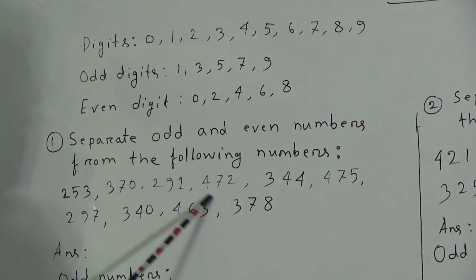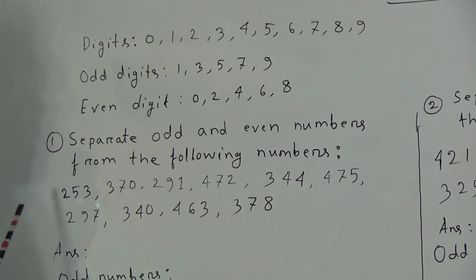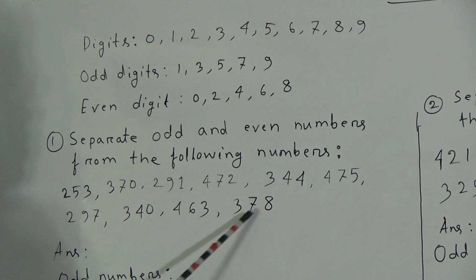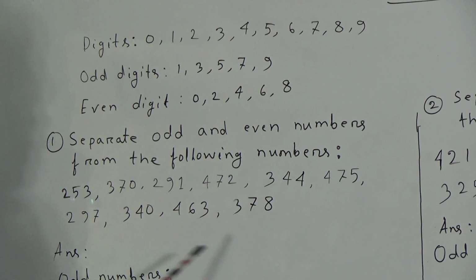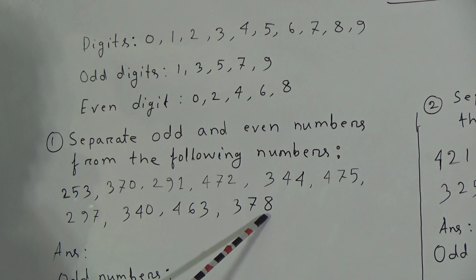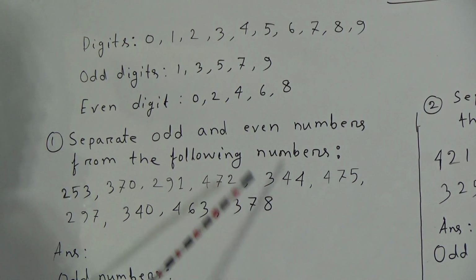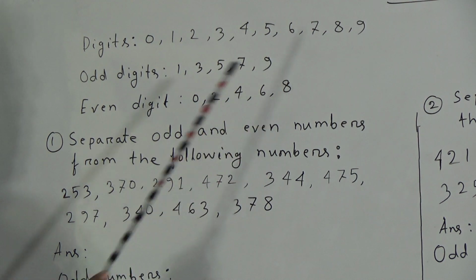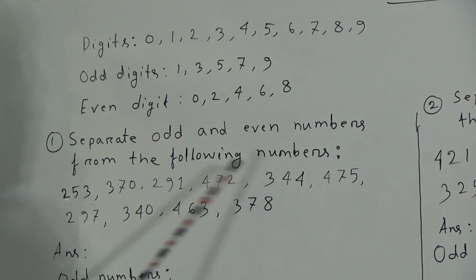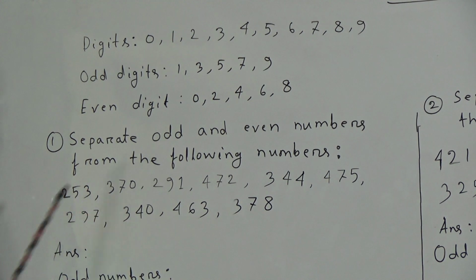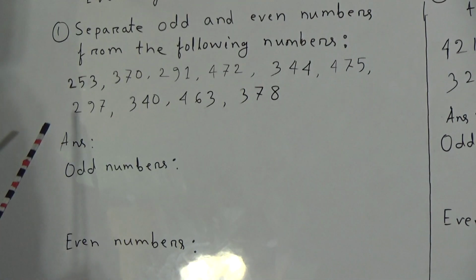So this number, that means 463, will be odd number. Again, if we consider 378, this is also a 3 digits number and its ones place digit is 8. 8 is even digit, so 378 will be even number. So now we can easily separate which numbers are even numbers and which numbers are odd numbers.